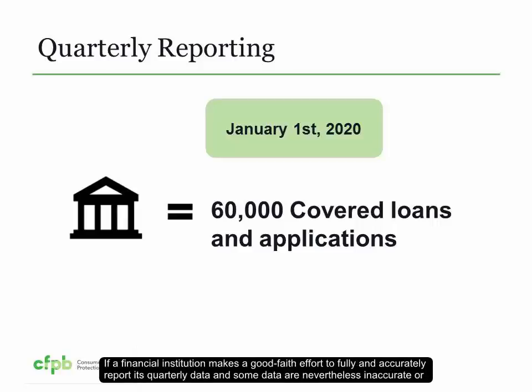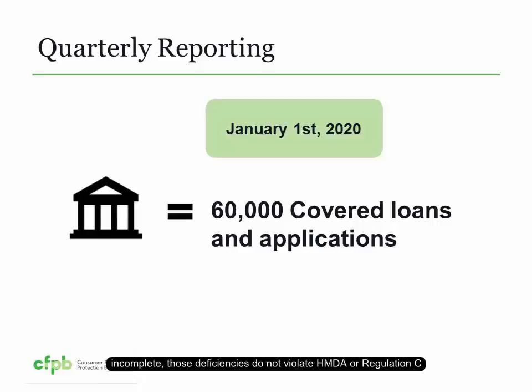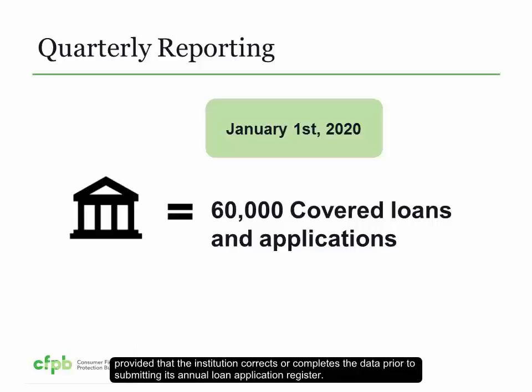If a financial institution makes a good faith effort to fully and accurately report its quarterly data, and some data are nevertheless inaccurate or incomplete, those deficiencies do not violate HMDA or Regulation C, provided that the institution corrects or completes the data prior to submitting its annual loan application register.